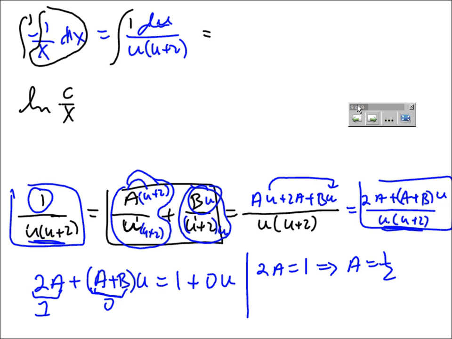And if a plus b is 0, and we know what a is, b is just the negative of a. It's negative a half. Because when you add a and b, the left side gives you a plus b, and the right side is 0. Okay, so now we know a and b.